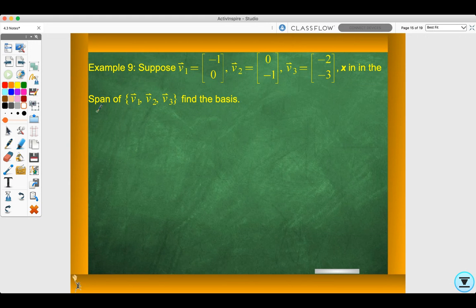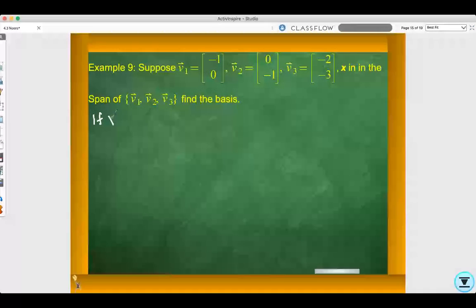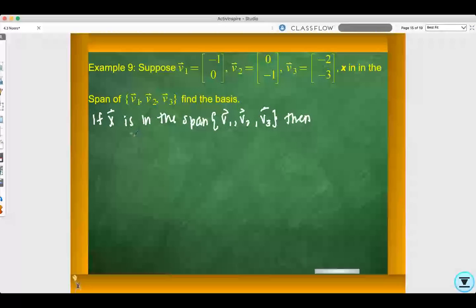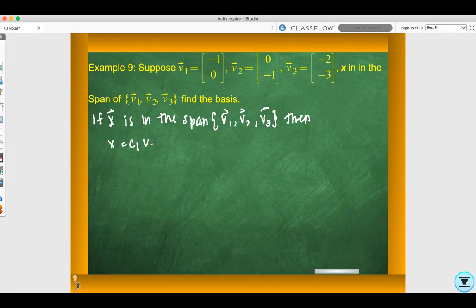So first, if x is in the span of v1, v2, and v3, then x equals c1 times v1 plus c2 times v2 plus c3 times v3.